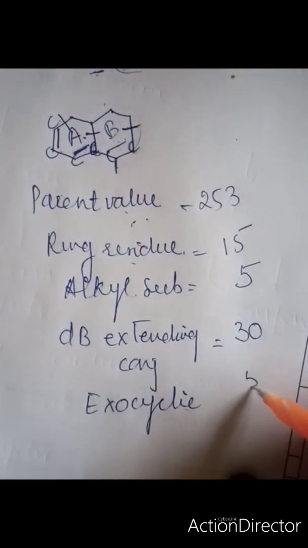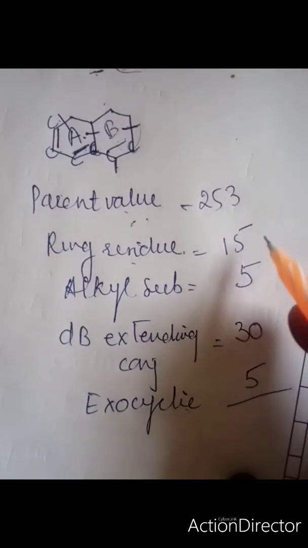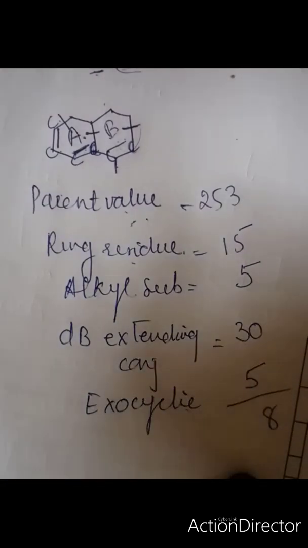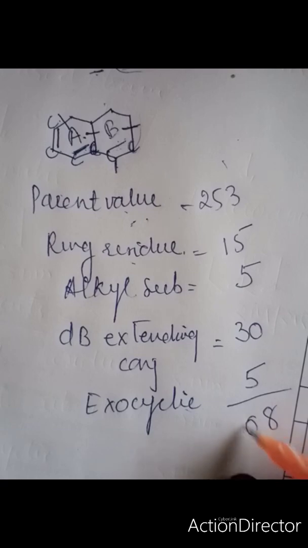So one exocyclic double bond is there. So if you calculate this, it will be 308. So lambda max will be 308 nanometers. So this is how we calculate the lambda max value according to the Woodward-Fieser rule.